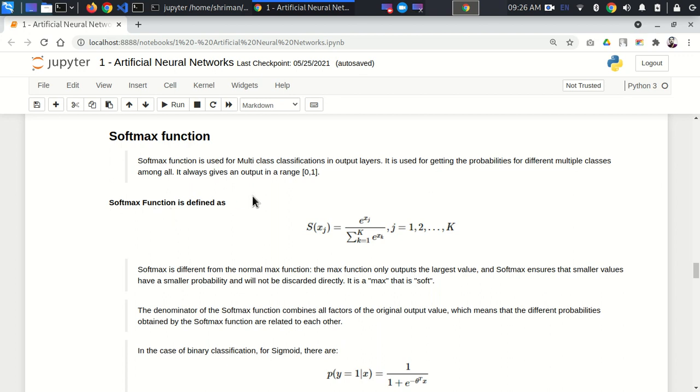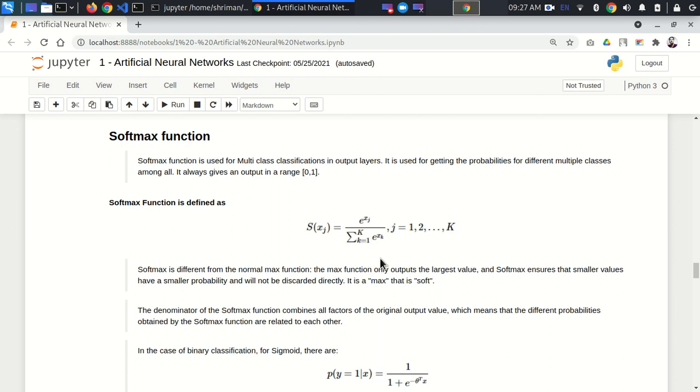So see, this is the equation of softmax. Suppose there are k different classes. For a cat class, if I have to calculate the probability, I will calculate the exponential of this cat class, and then divide this number by the summation of exponentials of each and every class.